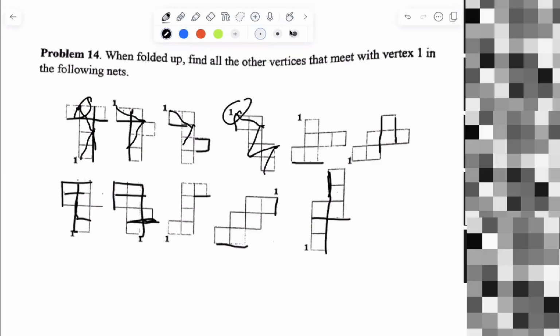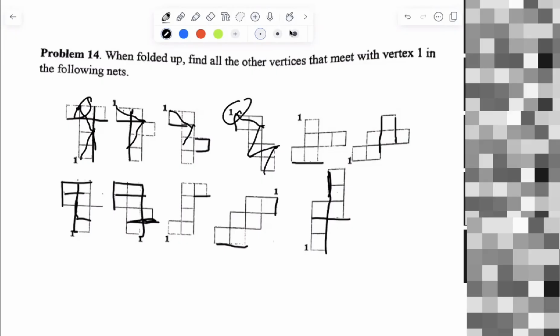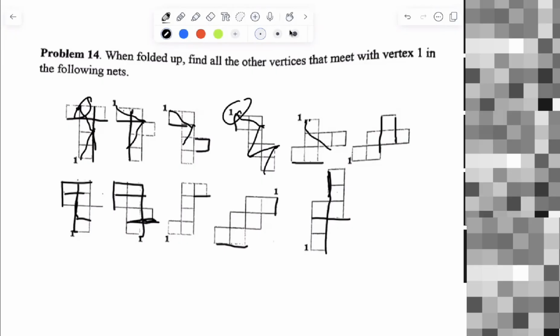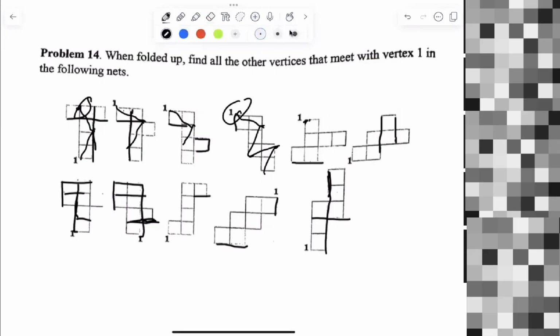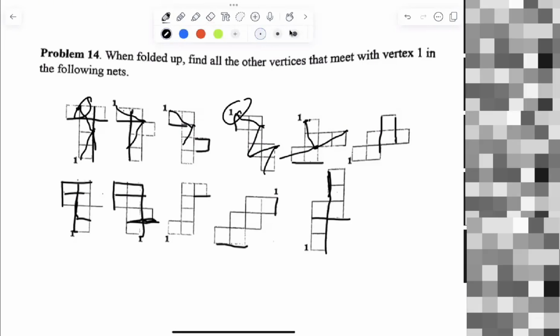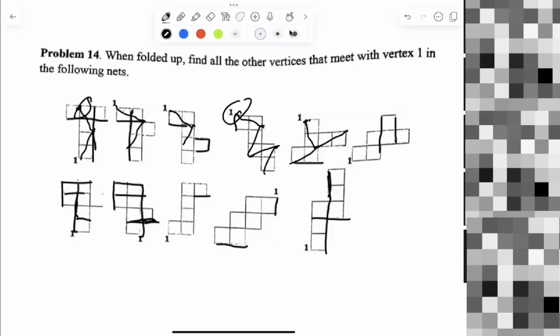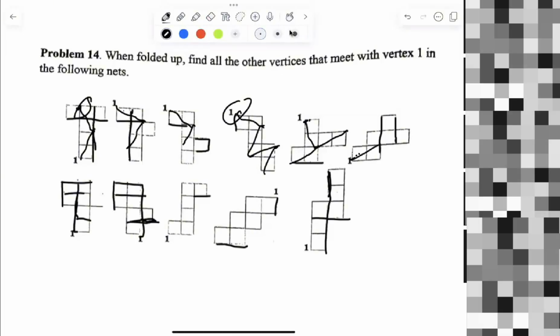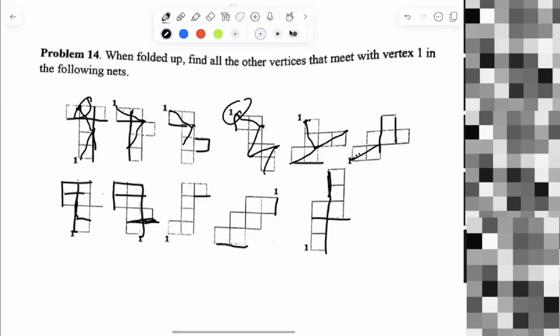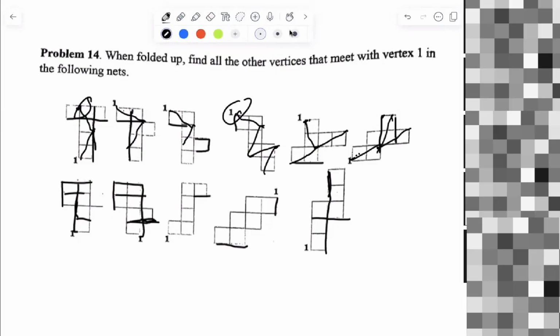For example, for this one, in this case, we can draw like this. We can also draw from here to there. We can continue it to this one, which is basically about the same thing. We can continue it like this, or we can draw this.